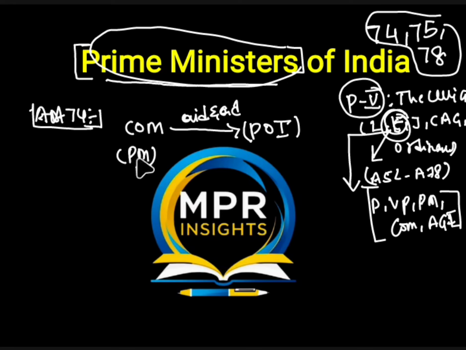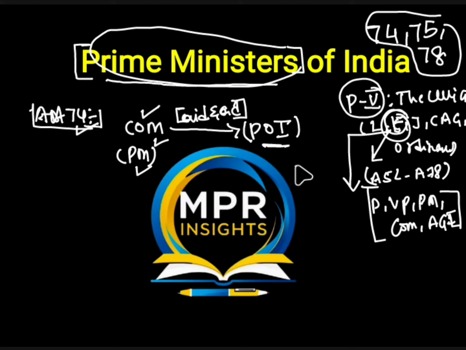The Prime Minister along with the Council of Ministers aids and advises, and the President in the exercise of his functions has to act based on the advice given by the Council of Ministers headed by the Prime Minister. Long story short, Article 74 says the President is bound by the advice of the Council of Ministers.